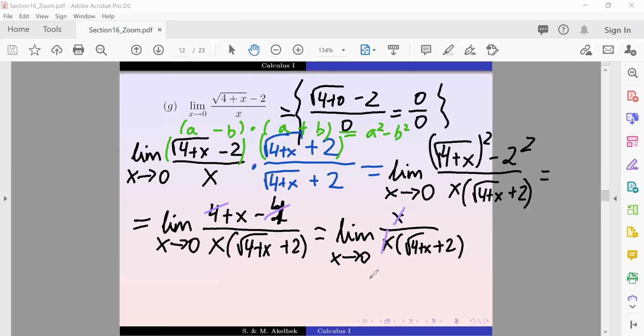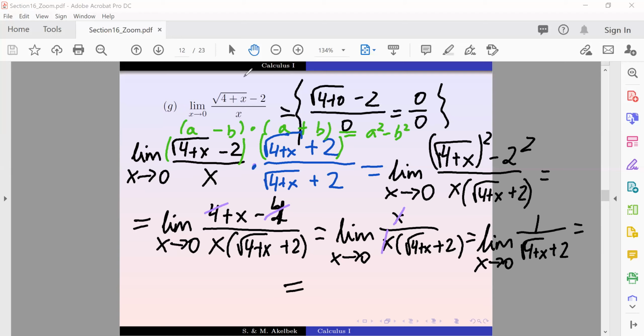So I am left with the limit as x goes to 0 of 1 over square root of 4 plus x plus 2. Oh, I'm sorry, we're performing the limit already.